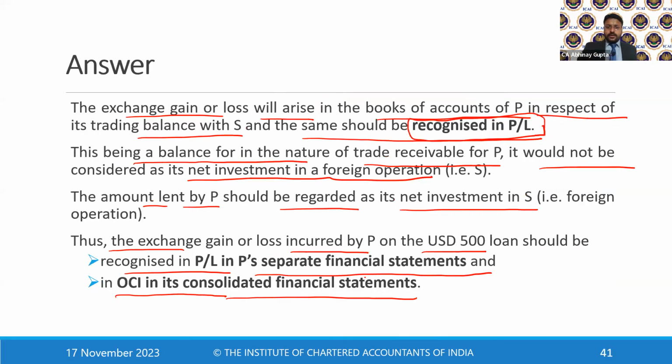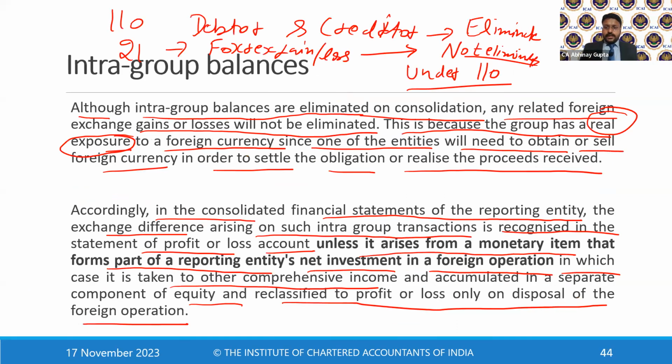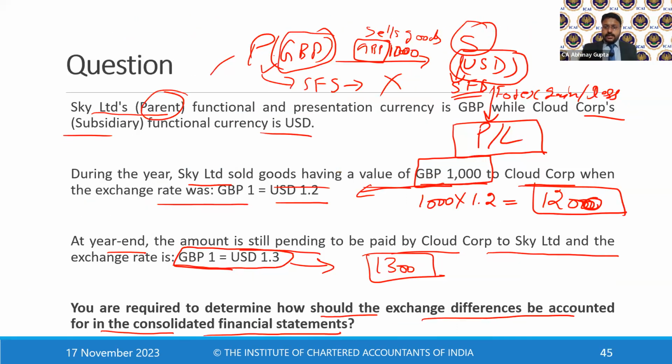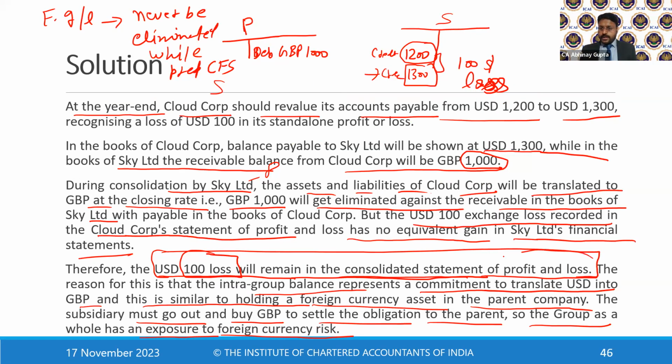But in the question, we are saying that it is being recognized in P&L here. Why not OCI, sir? In the chart, we discussed that while preparing the consolidated financial statement, exchange gain or loss will go to the OCI. But now, while doing this question, we are saying that this exchange gain or loss will be reflected in the P&L.